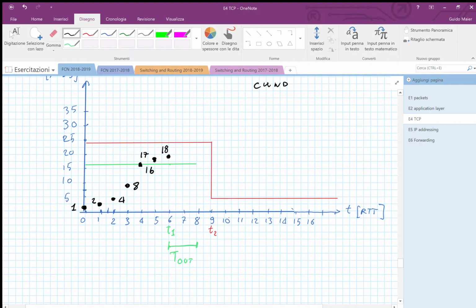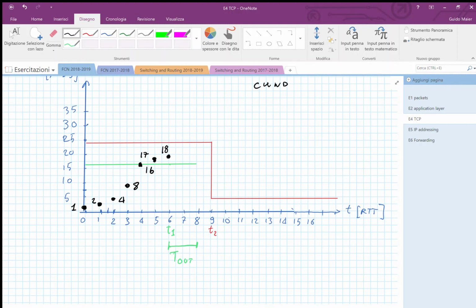So all these 18 segments that are in flight get lost. And so we have to wait for a timeout, and at the time t equal to 8 round trip times, we have the reset of the TCP connection.